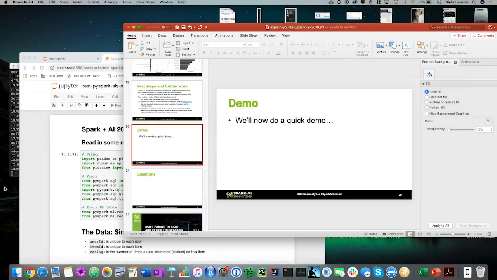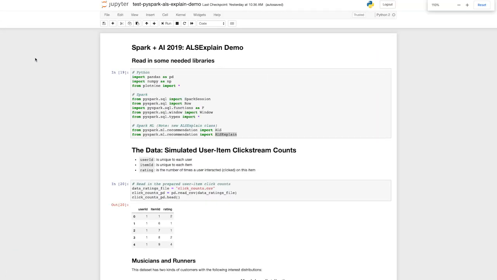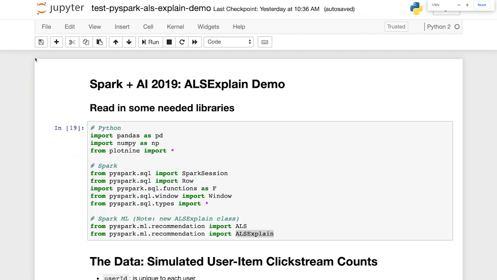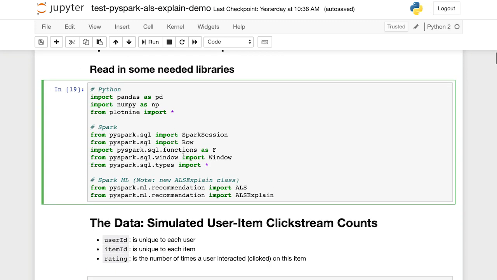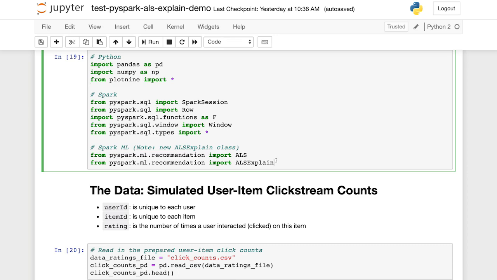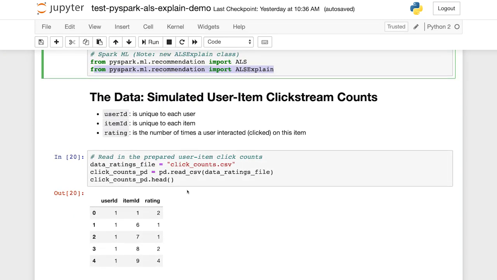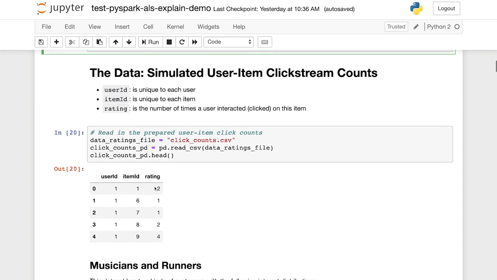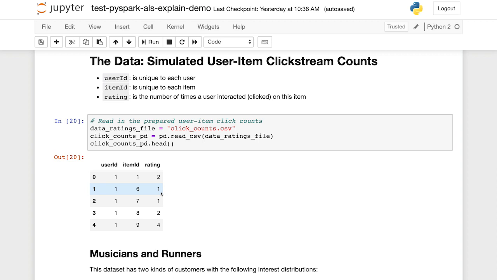Now, a quick little demo of it being worked on a contrived data set. Here we go. Basically, the only difference is that you have to load in our explain class. Then I've generated a rather contrived example about recommendations. It looks like standard ratings. Let's say that they're click counts.